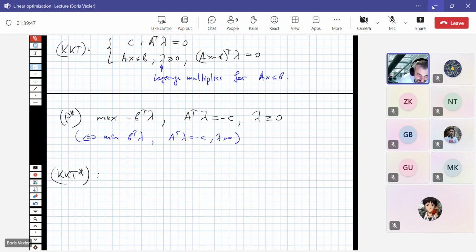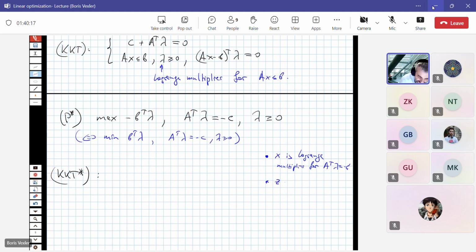We will have a Lagrange multiplier for the equality constraints and a Lagrange multiplier for the inequality constraints. We call x the Lagrange multiplier for A transpose lambda equal to minus c.